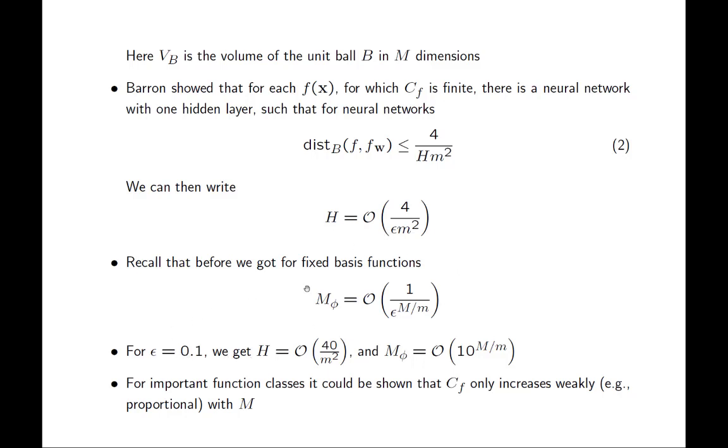Then for the neural network, h is on the order of 40 divided by m squared, so it really goes down with the smoothness of your target function class, and the input dimension doesn't occur here. Whereas if you use fixed basis functions, it's on the order of 10 to the power of m divided by m, so the input dimension occurs pretty prominently here. Smoothness also gains here, but input dimension can really kill you.